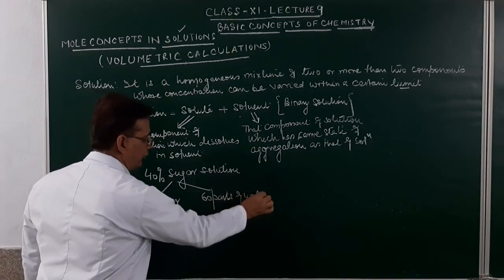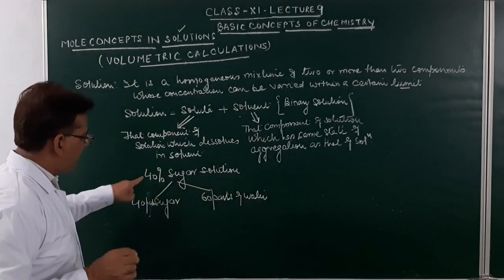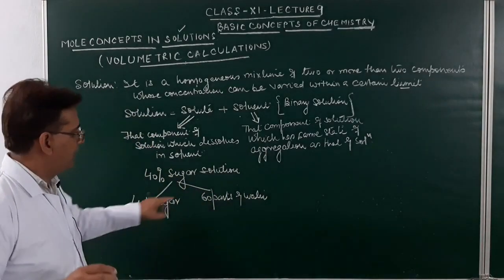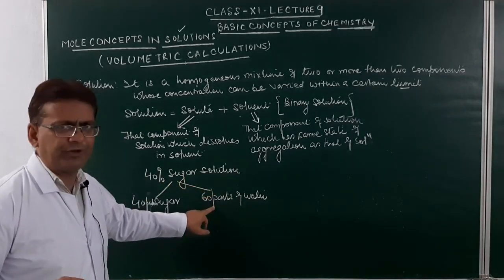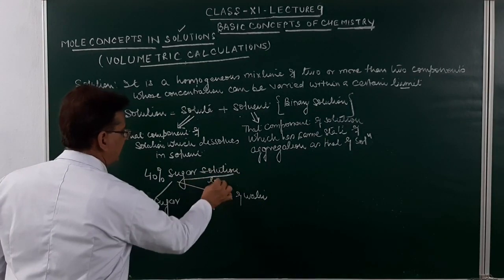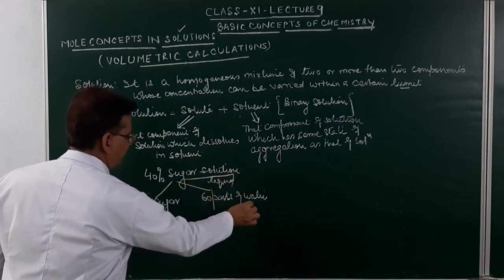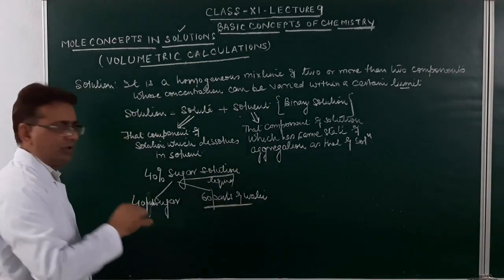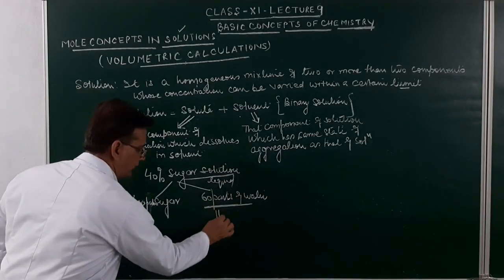Now over here it is not a problem. How many parts of sugar are present? 40. How many parts of water are present? 60. What will be the form of the solution? It will be in the liquid state. What is in the liquid state over here? Water. So water will be the solvent.